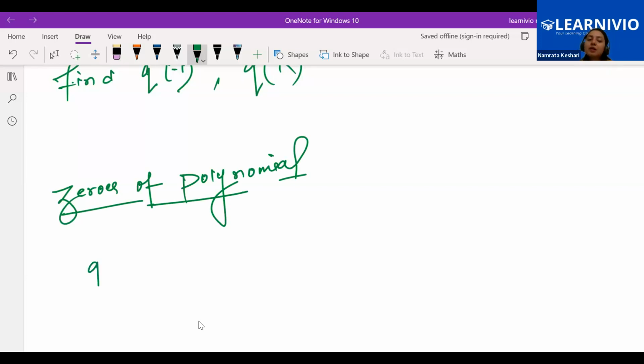So suppose we are having a polynomial. Let me take a simple one at first. Suppose we are having q(x) is equal to x plus 5. Now the question is, what is the zero of the polynomial? Will you be able to find, Sara?